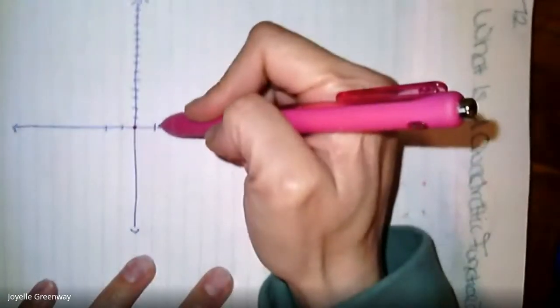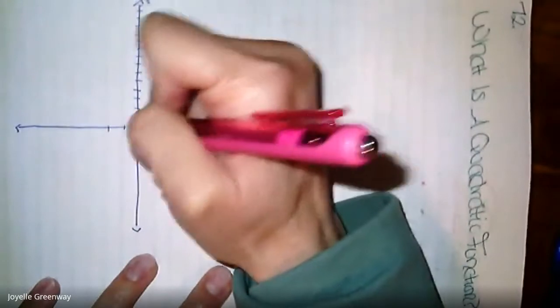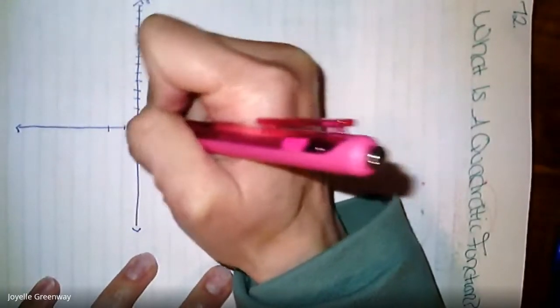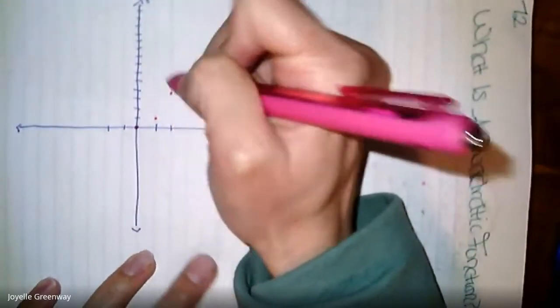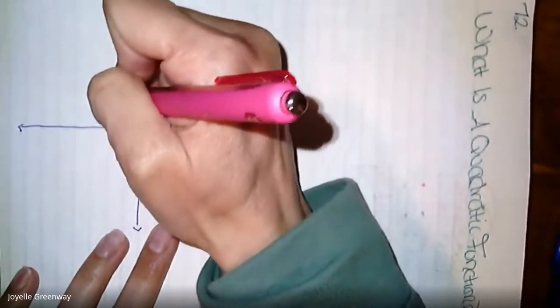And then at positive 1, we're going to go up to 2. No, sorry, positive 1, we go up to 1. Positive 2, we go up to 4. And then the same thing over here. Negative 1, 1, negative 2, 4.